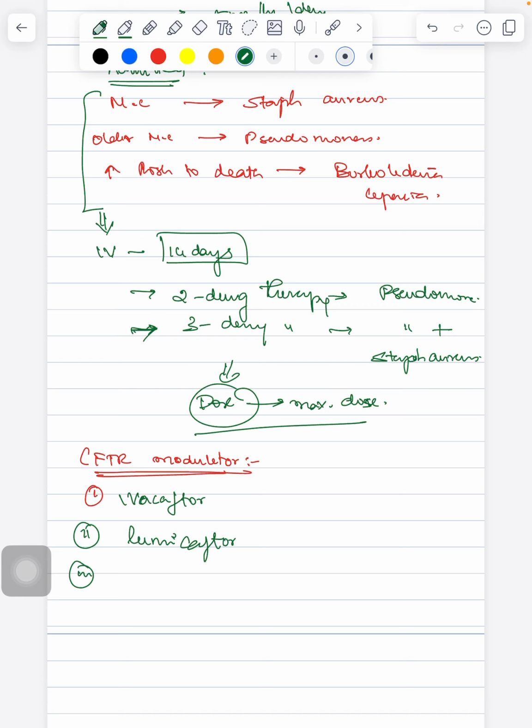This ivacaftor is FDA approved and it is given in the age group of more than or equal to 12 months. Lumacaftor is more than or equal to 2 years and tezacaftor for more than or equal to 12 years old. Okay. So this is about your cystic fibrosis. I hope you have understood the management, diagnosis and the pathogenesis involved in this.